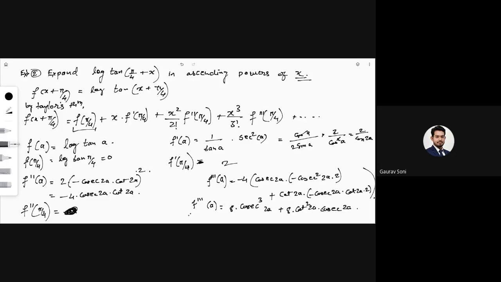So what is f triple dash at pi by 4? So cosec cube 2A, yes, that will become 1, and cosec 2A cot square, which is cos square upon sine square. So the answer is 8.